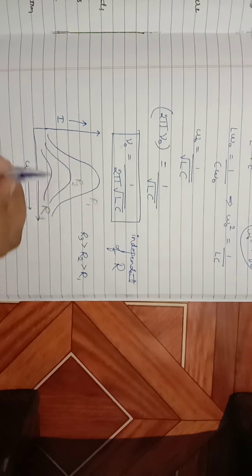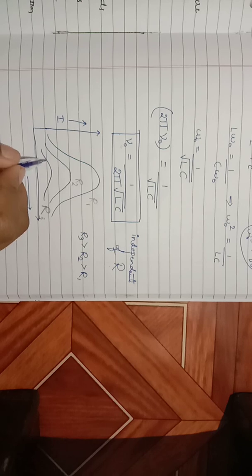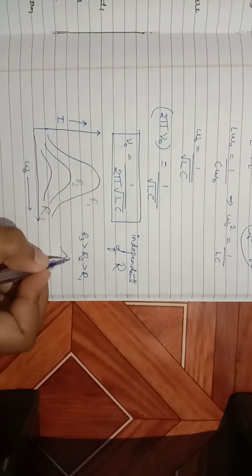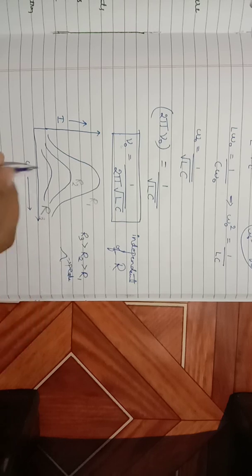For a larger value of resistance, R3, we will get a small curve with no sharpness. You see, in this curve we don't have sharpness. Sharpness means what? Like this is sharp, this is a peak. Here we don't have any sharpness or any peak.